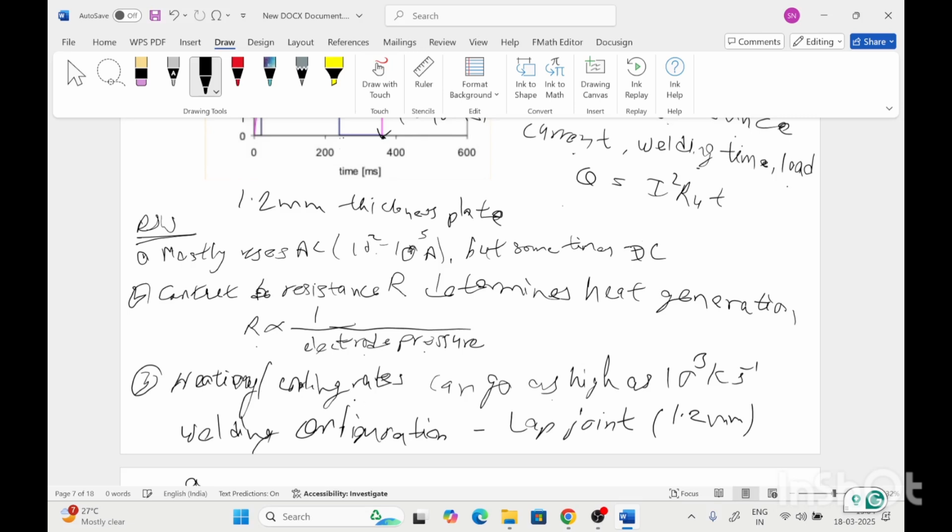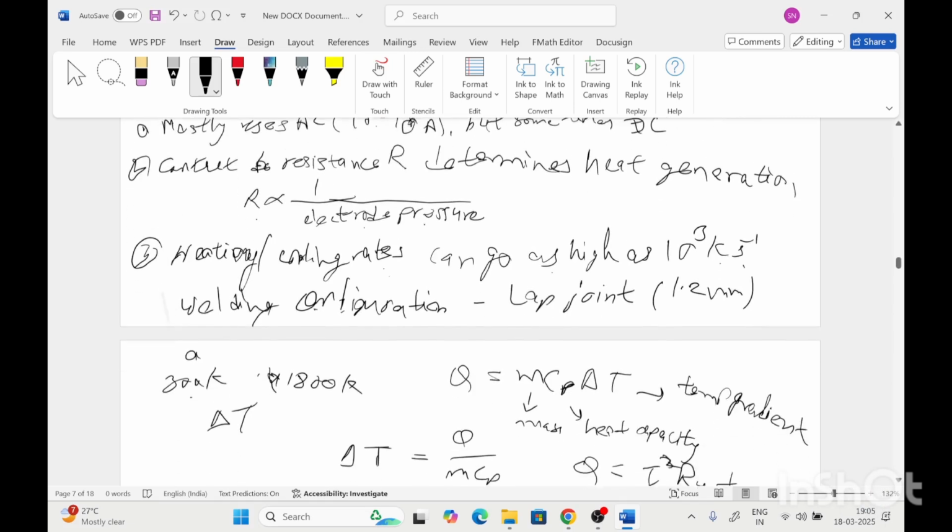The heating and cooling rates in the resistance spot welding can go as high as 10 to the power 3 Kelvin per second. So these high cooling and heating rates further affect the microstructure of the welding joint. And the welding configuration in spot welding is called a lap joint.